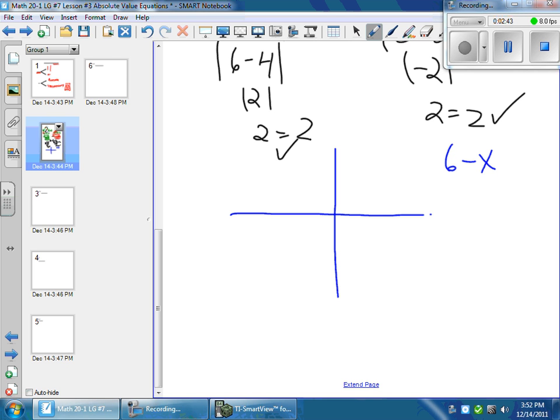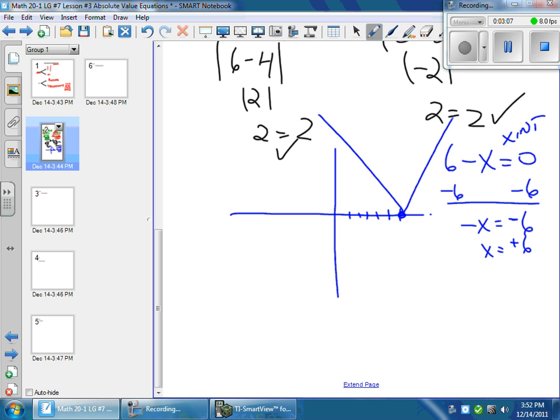Finding the critical point, of course, is finding the x-intercept, and the x-intercept is when this thing equals 0. So subtract 6. You have minus x equals minus 6, and then x equals positive 6. So 1, 2, 3, 4, 5, 6. There's where it is. You know it's an absolute value function. It's going to look something like this.